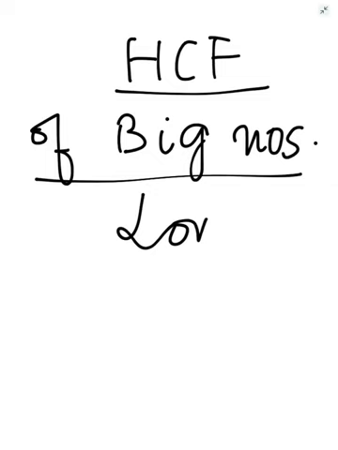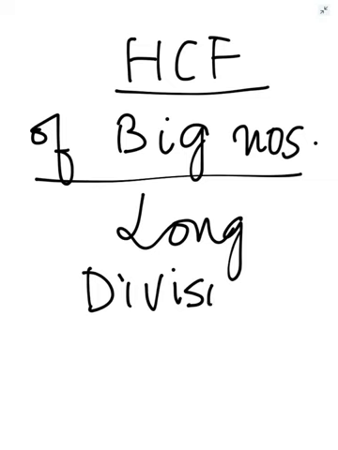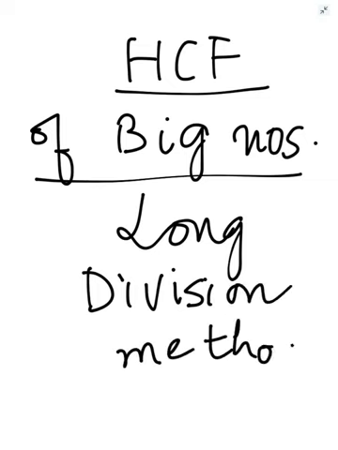For that we have to follow a method called the long division method. Now we'll see how the long division method works for the HCF of big numbers.